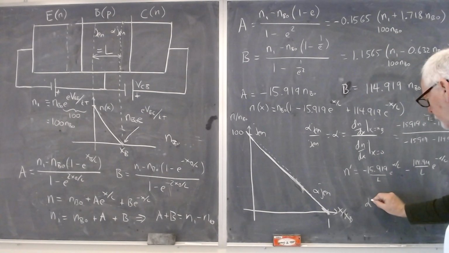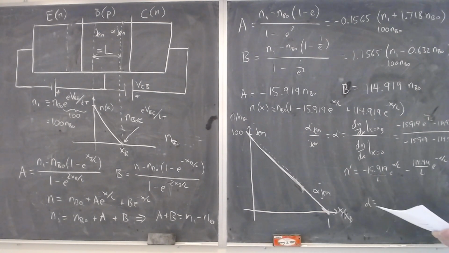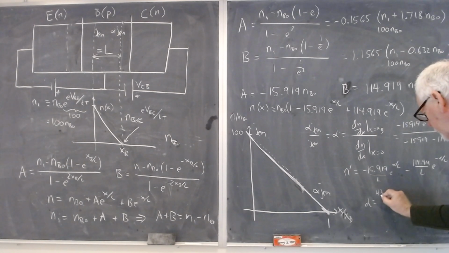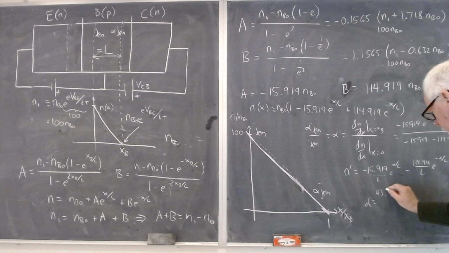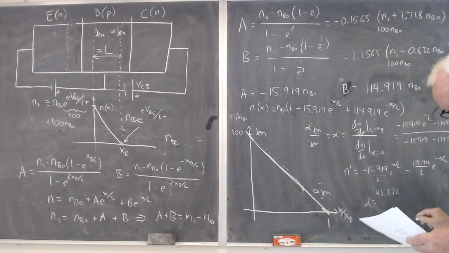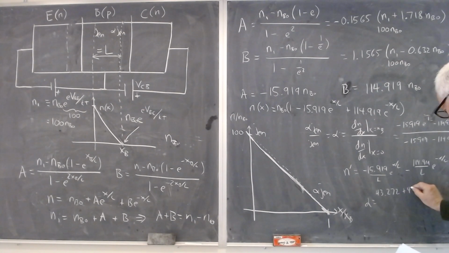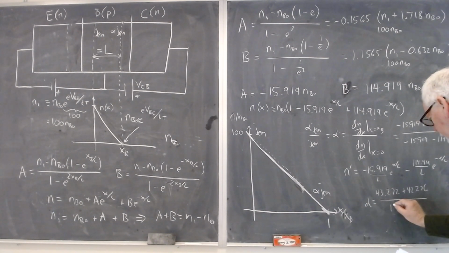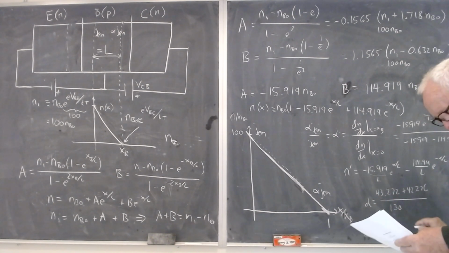So alpha then is equal to, just taking e times that. The minus signs all cancel out. So you get 43.272 plus 42.276 over 130.838.